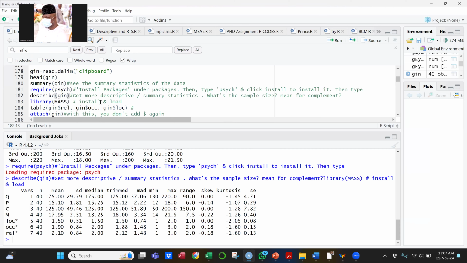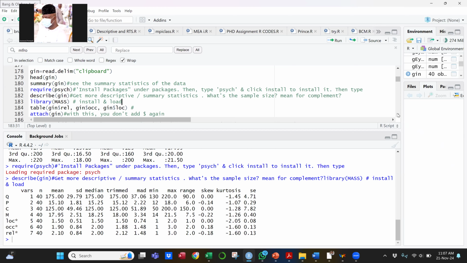Now, the next thing is to install and then invoke the library mass here. Once you install and you invoke the library mass, you can now do something we call attach.